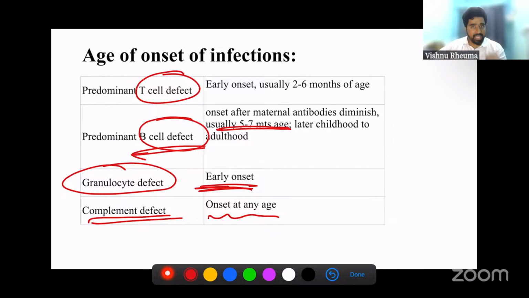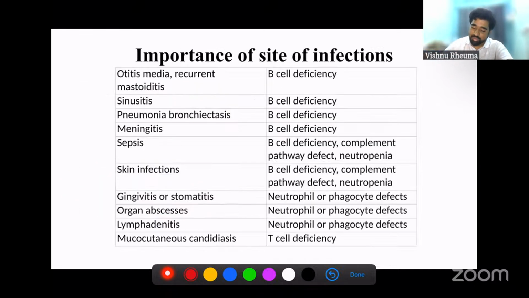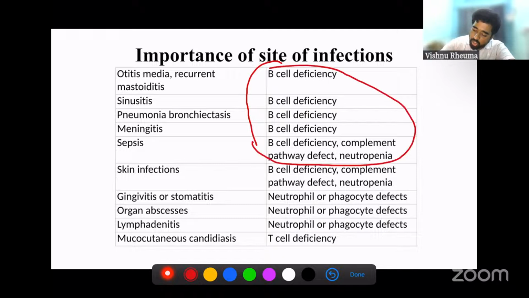So it's not just the age, but also various others, for example, site of infection. If you have mucosal changes like mucosal infections such as otitis media, sinusitis, pneumonias, all of these basically mean your humoral component of the immunity is defective, right? As you see, B cell deficiency is mainly your humoral immunity.